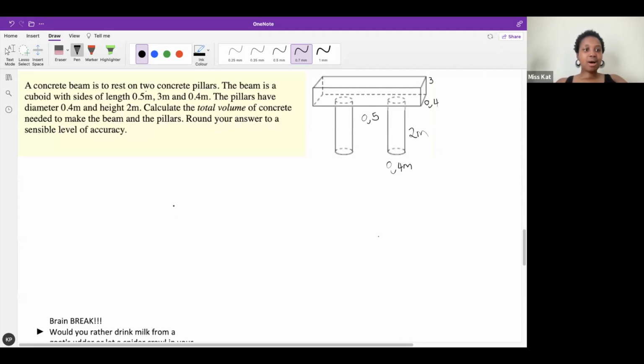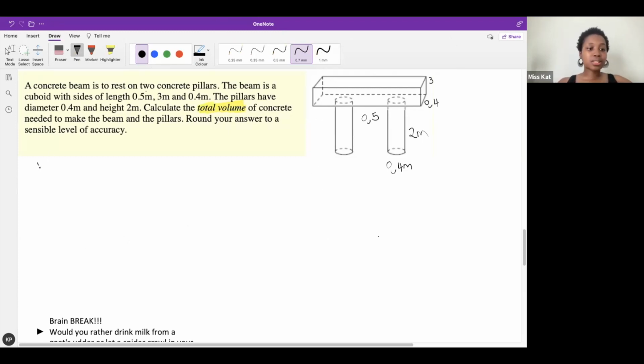Now how are we going to find the volume of this, guys? Omulemo, do you want to have one last go for us? Okay, it already told us that we're working on total volume. So are we going to start with the cuboid or the cylinders? Let's do cylinders.